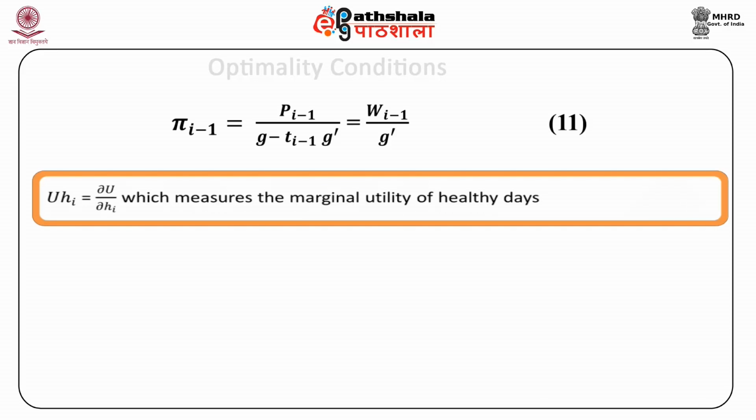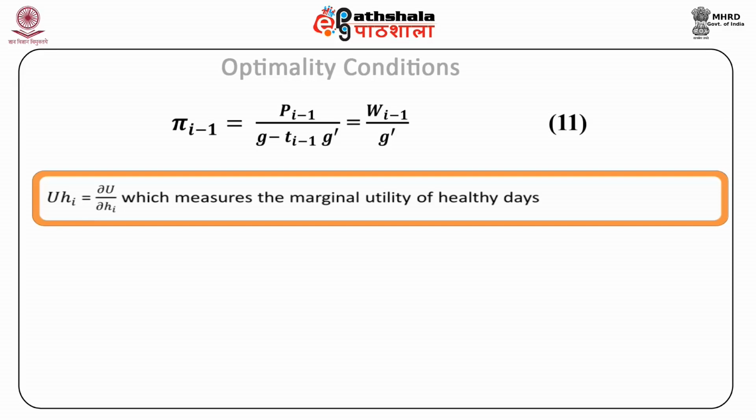Here Uhi is equal to delta U upon delta Hi, which measures the marginal utility of healthy days, where lambda is equal to marginal utility of wealth, Gi is marginal product of health stock in producing healthy days, and pi i minus 1 is marginal cost of health investment gross in period i minus 1.